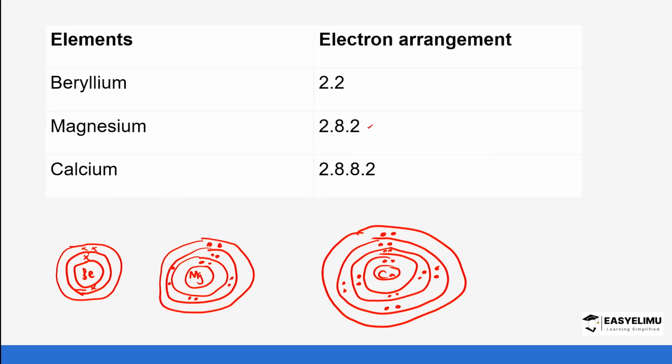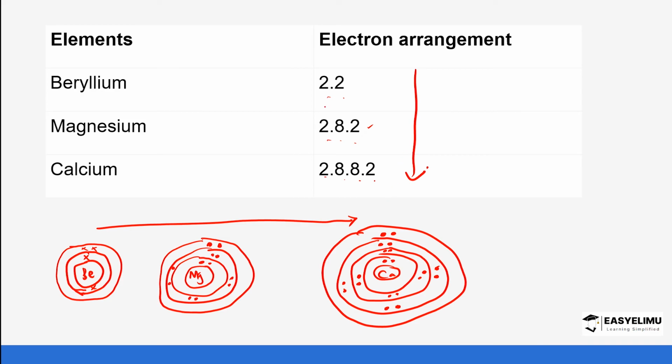You can see the atomic radius down the group is increasing even from these images. This is because in beryllium we have 2 shells, in magnesium we have 3 shells, in calcium we have 4 shells. There is an extra shell as you go down the group. That is the reason why the atomic radius increases down the group.